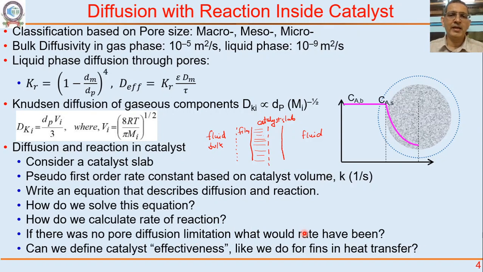And if that is the case, then we can define something like an effectiveness factor of the catalyst particle. Just like we have defined effectiveness or fin efficiency in heat transfer. Recall from your undergraduate lectures. So try doing this for yourself, pause and then go forward.